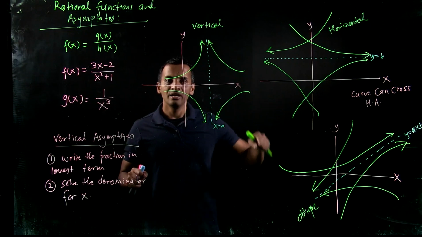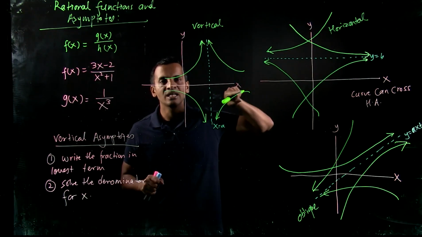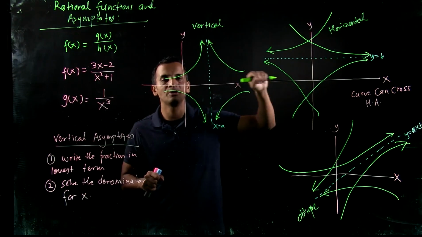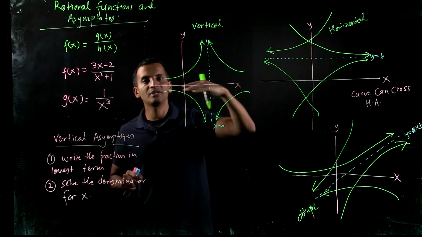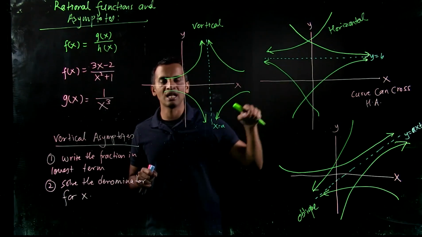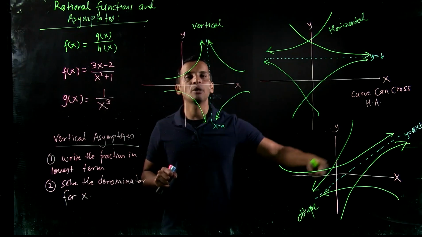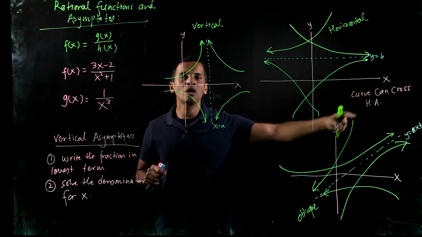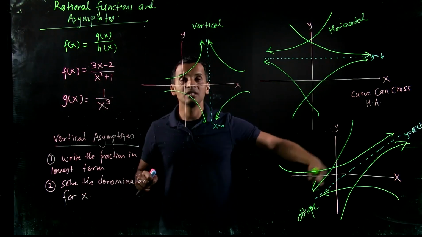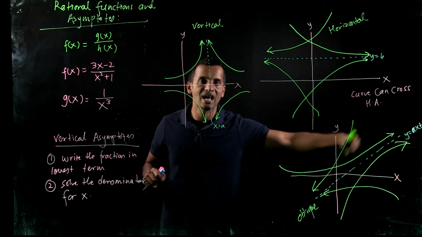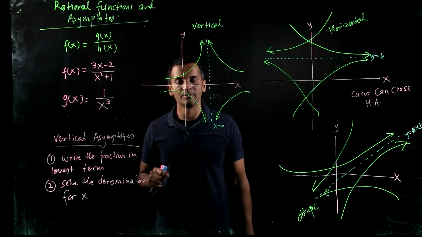So a horizontal asymptote is when the graph gets closer and closer to a horizontal line as you go to the extreme right or extreme left. Similarly, if the graph is approaching a non-horizontal, non-vertical line, a slanted line, we call it an oblique asymptote.